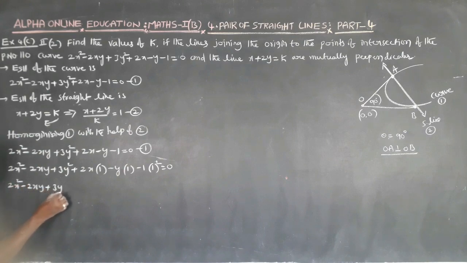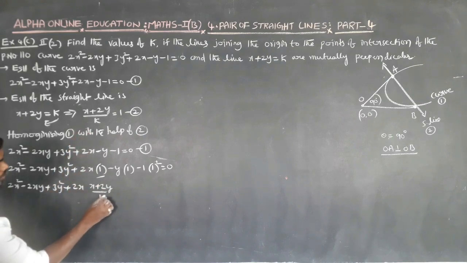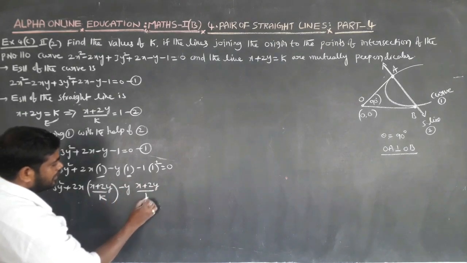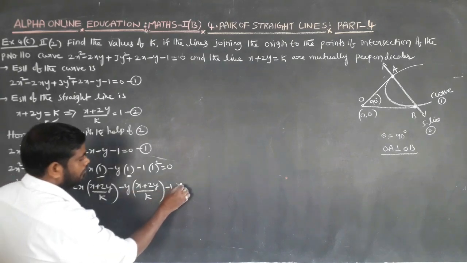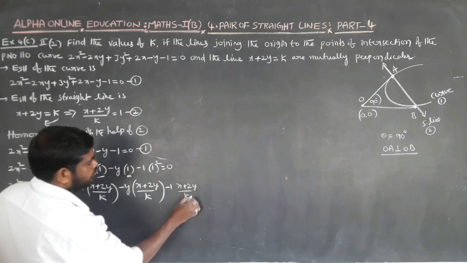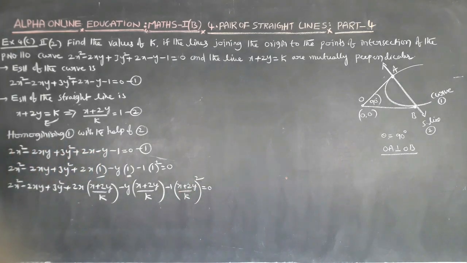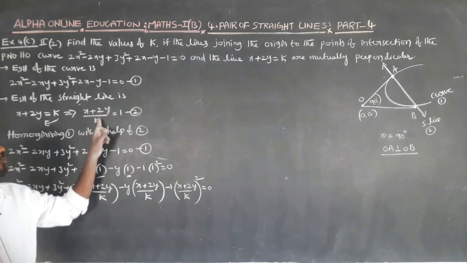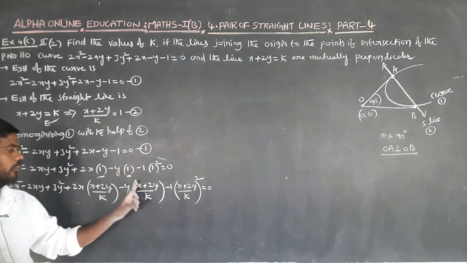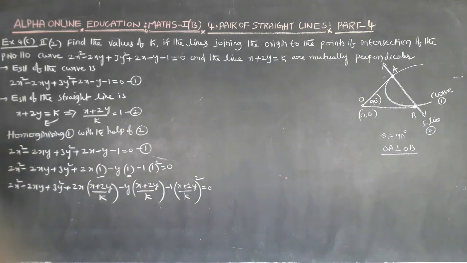Substitute 1 as (x + 2y)/k. So x into (x + 2y)/k, y into 1 means (x + 2y)/k, and minus 1 into 1 squared means ((x + 2y)/k) whole squared.